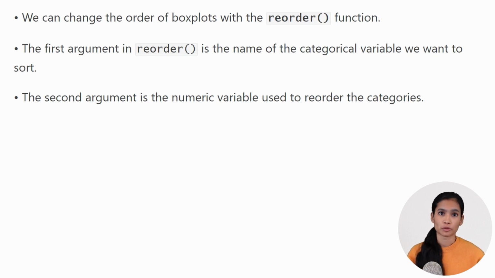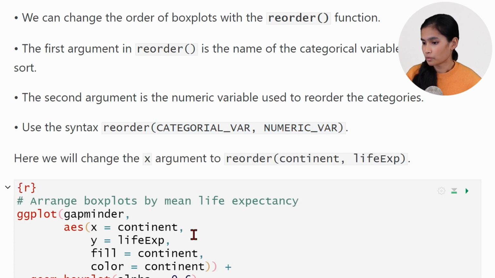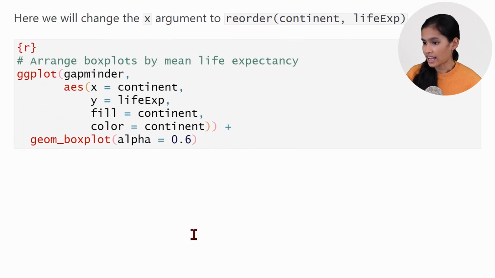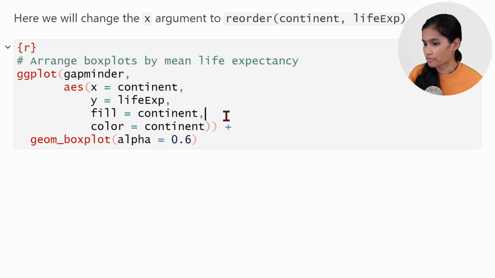To do the example, we're going to use the following syntax. We first add the categorical variable, then the numeric variable. So here we're going to change the x argument of our box plot to reorder continent, life exp, because this is the categorical variable we want to reorder by this numeric variable.